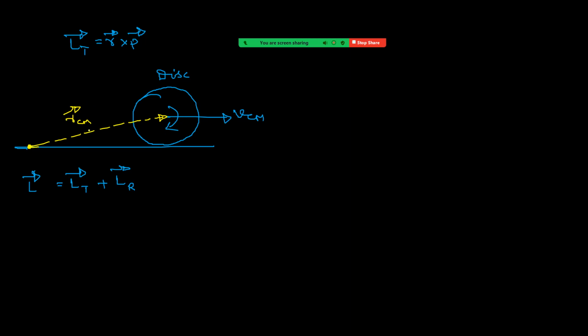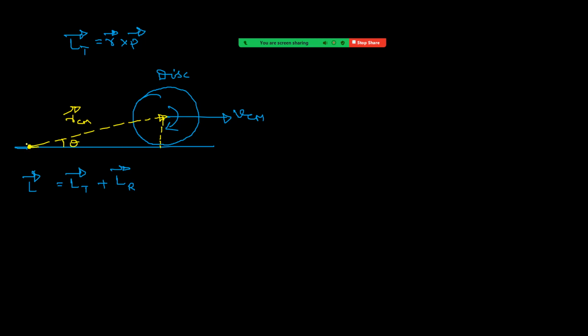This is p bar, this is r bar. Then this becomes the angle between p bar and r bar, right? Then this becomes the perpendicular distance, that is r sine theta, which is a constant, which is equal to the radius of that body.